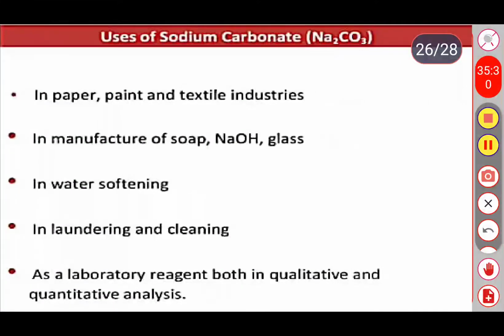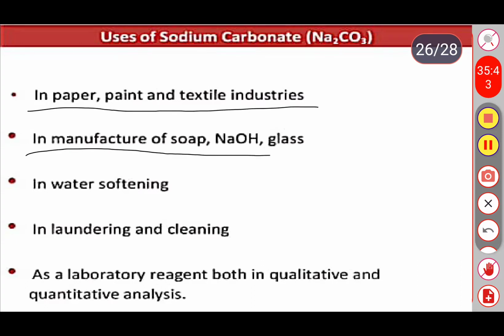Sodium carbonate is used in the manufacturing of papers, paints and textile industries. It is also used in the manufacturing of soaps, glasses and sodium hydroxide. It is used in the process of water softening, which means we are removing the hardness of the water.